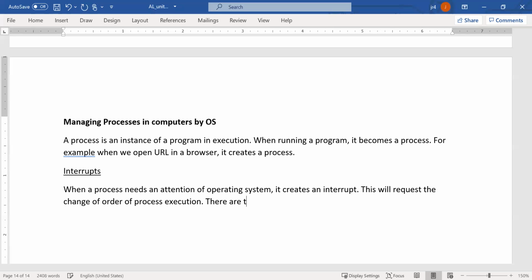There are two types of interrupts: software interrupt and hardware interrupt.